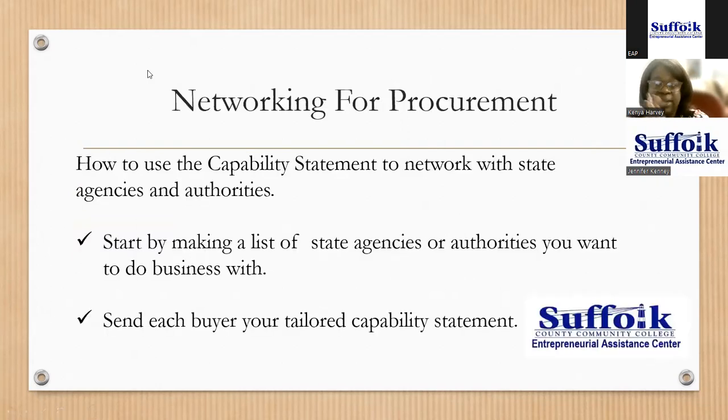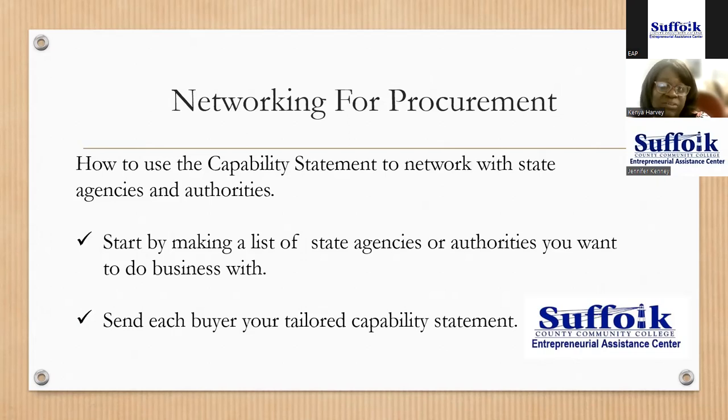Networking for procurement. So you're networking, you're certified, and you're working on setting up a plan for networking to the agency buyers, right? What you would do is start by making a list of agencies or authorities that you want to do business with, right?